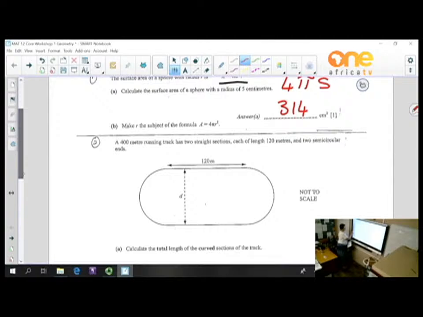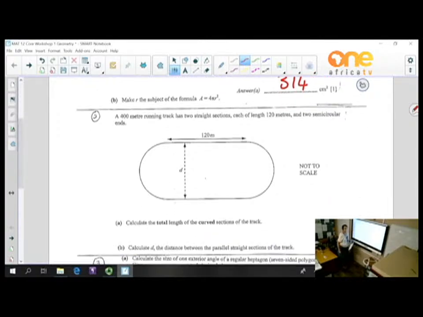The second one is actually algebra, where we have to change the formula, but this is why we are doing it. And r must now become the subject of this formula. So to have r alone here, I'm going to divide by 4 pi. A over 4 pi is equal to r squared.